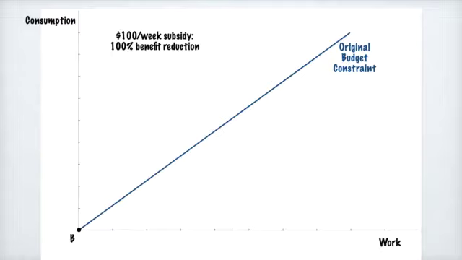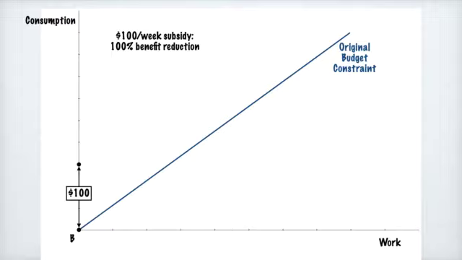If I work 2 hours, I make $20, my benefit's cut by $20. So if we aren't working, we shift upwards from point B, $100. We're not working, we have no income, so we can't consume anything.